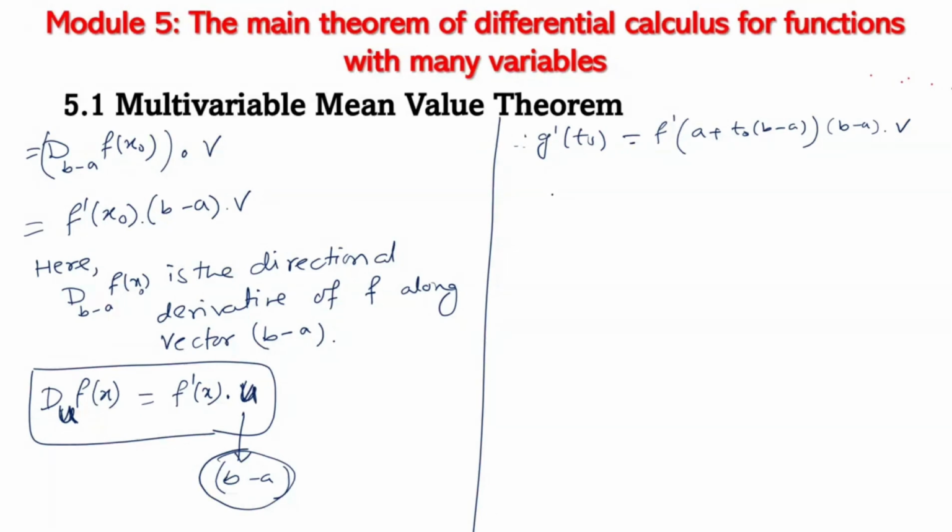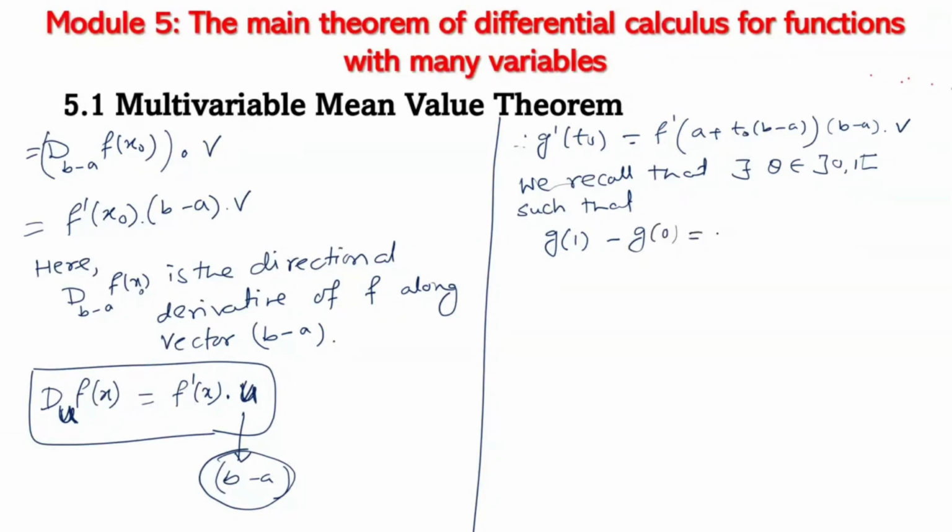Now we recall that there exists a theta belonging to (0, 1) such that g of 1 minus g of 0 is equal to g dash theta times (1 minus 0).